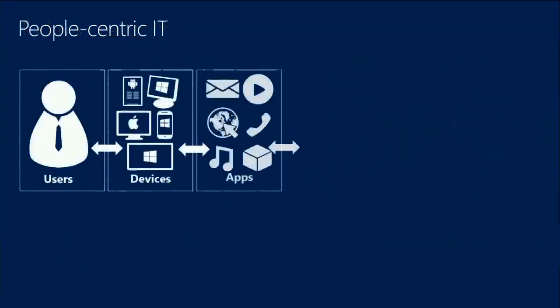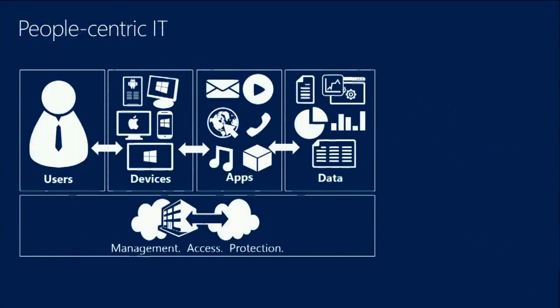How do we really move from this scenario where everything was very device-centric? Corporate IT owned the devices. How do we move from that to a more focused area on the users, focused on people? And that's what we call our people-centric IT vision. So the users want to have access to the information.